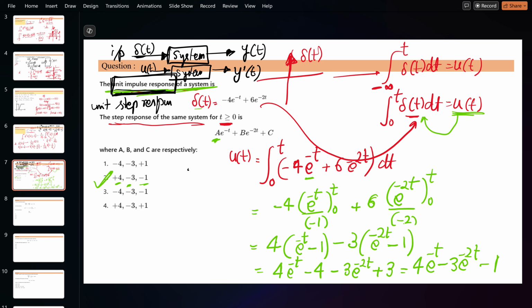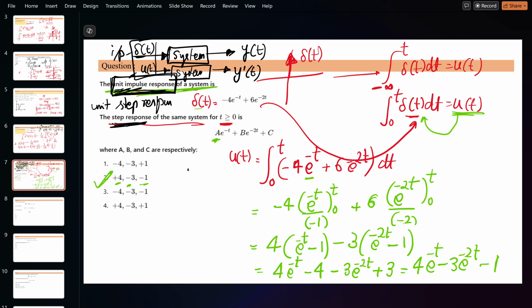Just see what the input basically was. Here an impulse was given to the system and the response you got was y(t). Same for the step response: the input was initially delta t, and it is asking when it is u(t), what will the response be. It means u(t) is the integral of delta t, so on the input side you just integrate and you will get the answer.